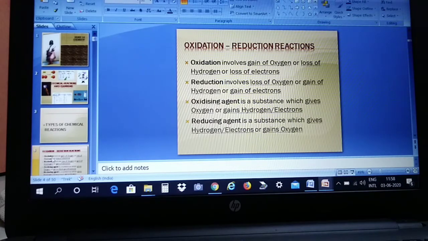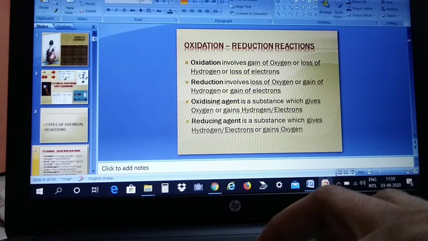A reducing agent is a substance which gives hydrogen or gives electrons or gains oxygen. You need to understand these definitions in terms of gain or loss of hydrogen and of electrons very well. Please do take down these definitions in your notebook very neatly.